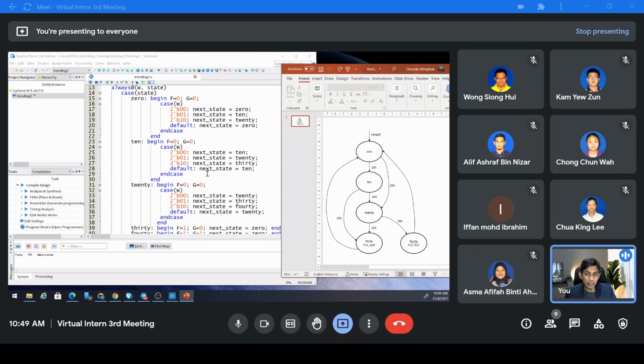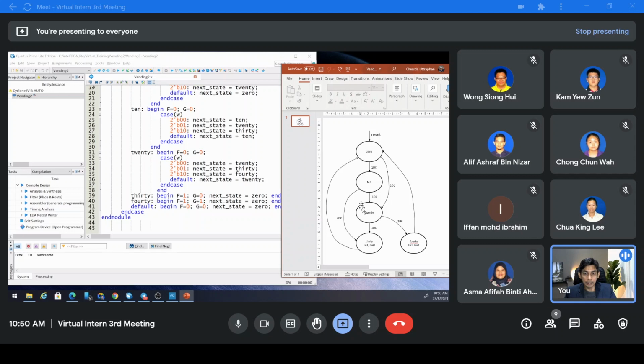But if other than that, we should stay here, right? Or maybe in your state diagram, you have another state to reject. For example, if you insert 50 cent, you have another state that will reject that coin, right? But in this example, we don't have that, so we stay. State 20 is the same. So this is the code.